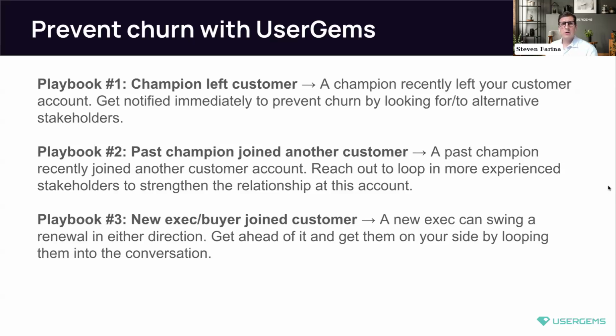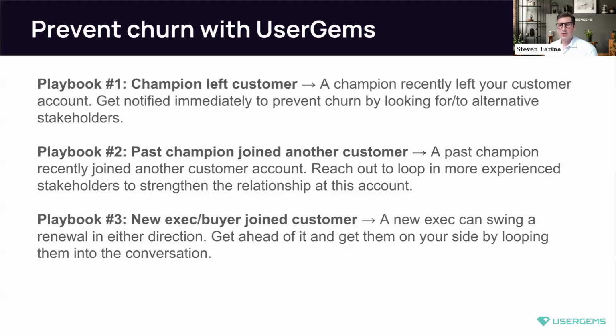Cool. So generally speaking, there are 3 playbooks that we're running here at UserGems that have been really important for our team, and something we've been iterating on as we go. The first playbook is the obvious one: a champion leaving a customer account. It seems like one of those things that's easy enough to try and track on LinkedIn, but if you're like me, and I would imagine a lot of your CSMs are, you're coming up on a renewal, you're going to have a conversation with your champion, and either they're already gone or they're going to be leaving in the very near term.